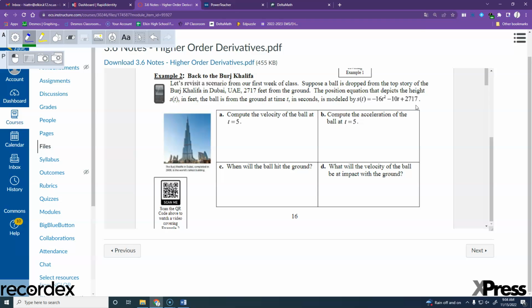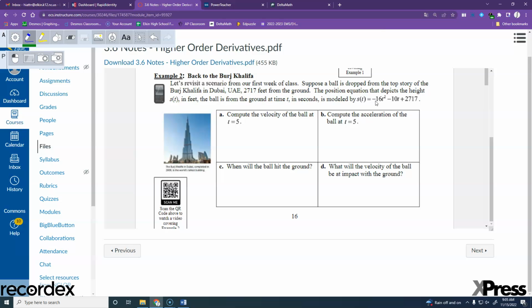So, if we were able to go to the top of this building and drop a ball from the very top here, then we could use this equation to compute the height of the ball. This is your pumpkin chunkin equation, if you did that long ago. And it is in feet and seconds rather than meters and seconds.